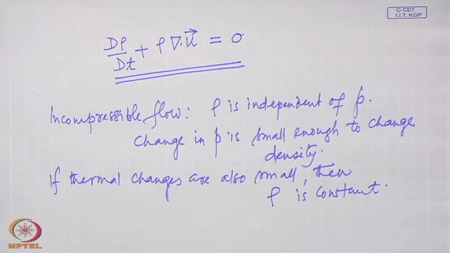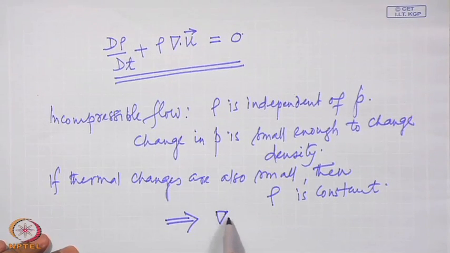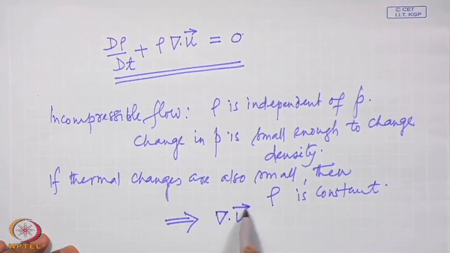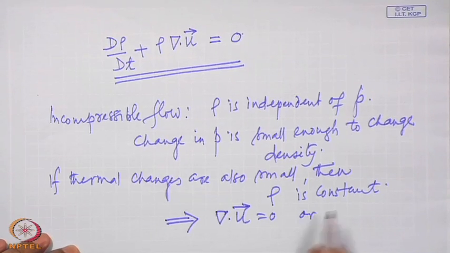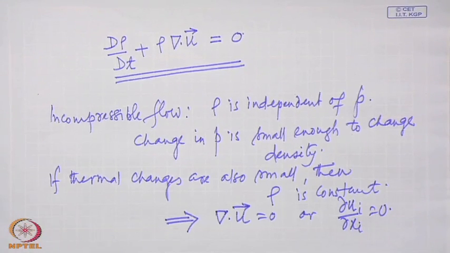And what will happen then? Look to the continuity equation. The continuity equation then gives what? Divergence of u is 0, and what does it mean? Divergence of u, you have already seen, is rate of expansion, or rate of volume change, volumetric strain rate.